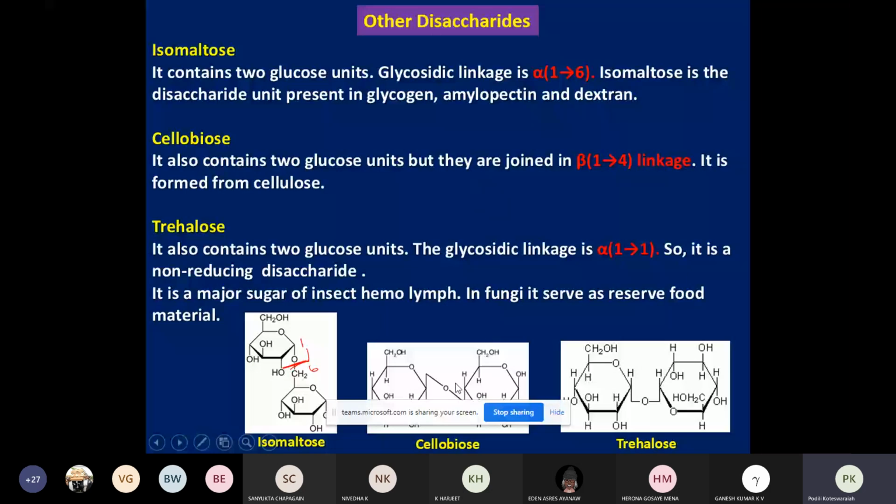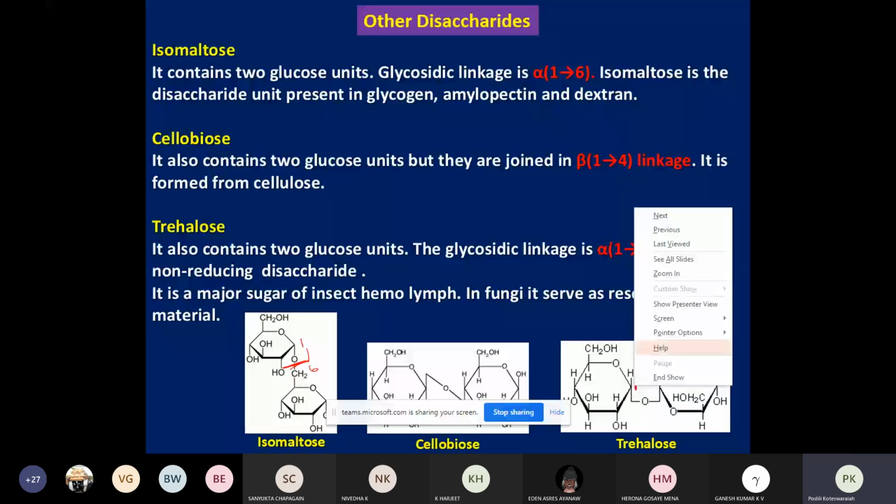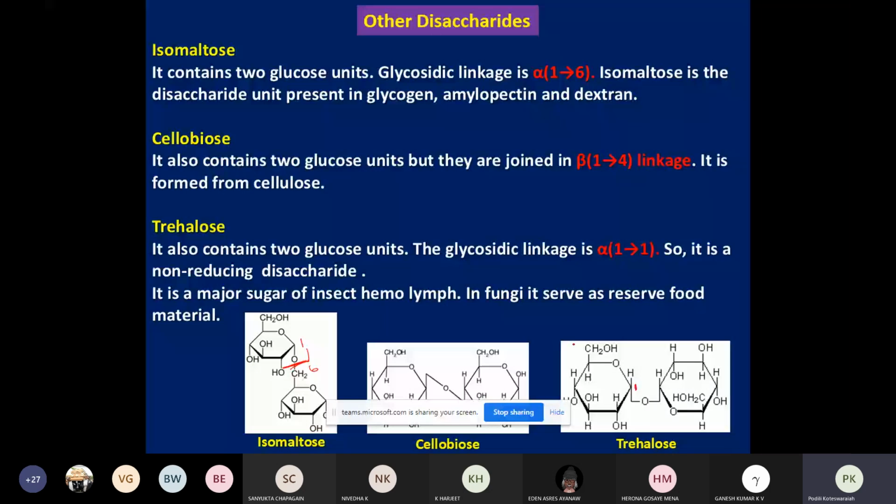And trehalose is again very important. You can see here, for the sake of representing the glycosidic bond, the ring is inverted and also rotated. Here, this is the first carbon of the glucose and the first carbon of the second glucose. Trehalose is a disaccharide composed of two glucose units connected by a double-headed 1,1 linkage.